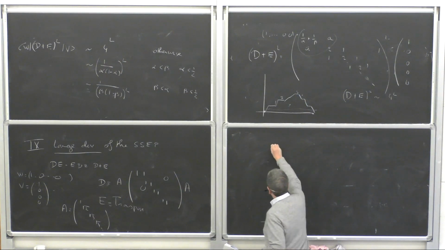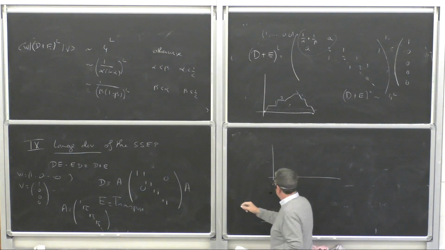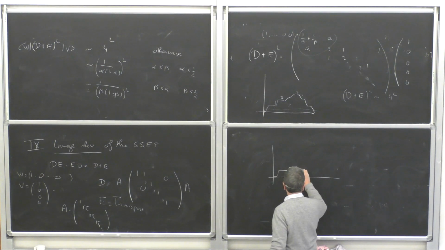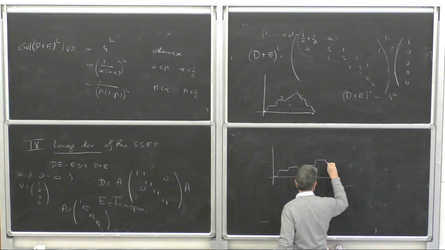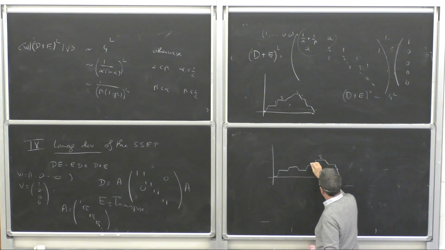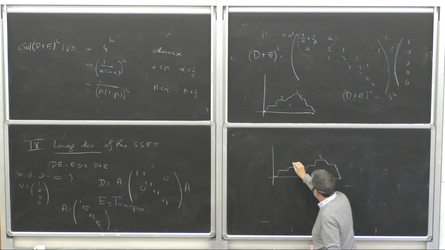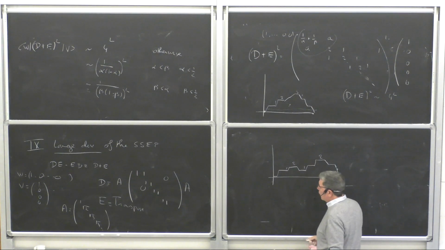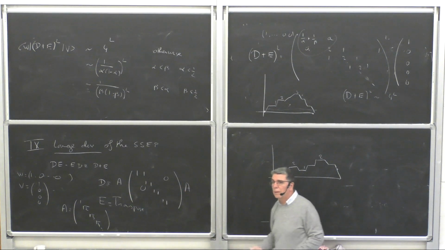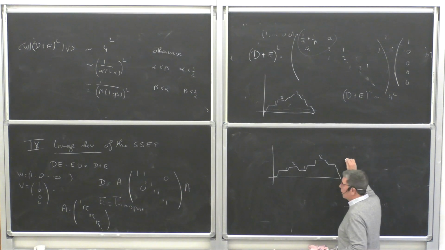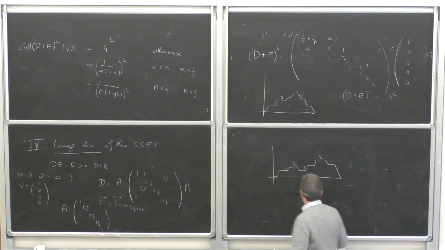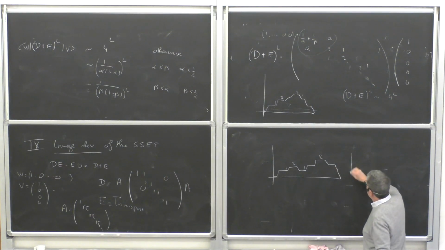But as before, I can interpret all these things by walks, with a weight 2 here, 1, 1, 2. But now, because of this matrix A, all the walks do not have the same weight. They have a weight which depends on how far they are. In fact, the weight will be this height here.